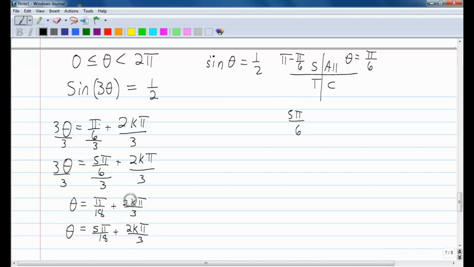Now, I would start out letting k equal maybe -3 or -2 or something like that, so that you start out with getting negative answers. The negative answers, any answer less than 0, we don't want to write down because remember, we just want answers between 0 and 2 pi. But we do need to start out with something that would give us a negative. That way we know that we've started at a small enough k.